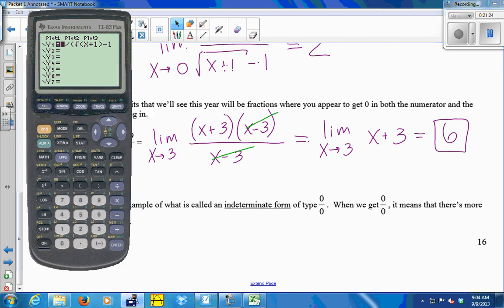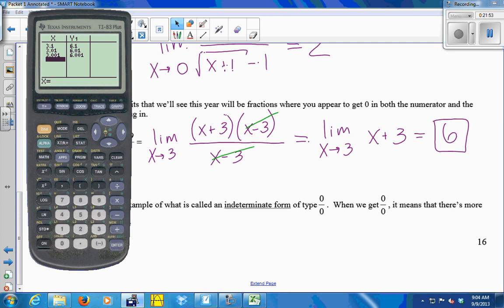So we go to y equals. I'm going to type in my function x squared minus 9 divided by x minus 3. Go to my table, and I'm going to plug in values closer and closer to 3. All right, so values that are close to 3 but a little bit to the right of 3 could be like 3.1, 3.01, 3.001.